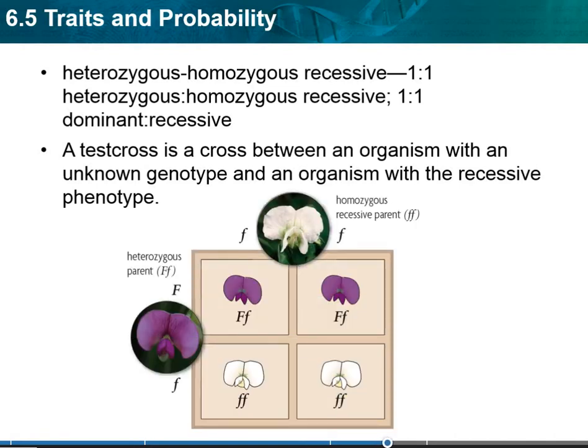Here is a test cross. You didn't know what this parent was, but we knew this parent had to be white. Since it was white, it had to be that genotype. So when we cross them, we see this parent over here had to be heterozygous because they had some that were white.